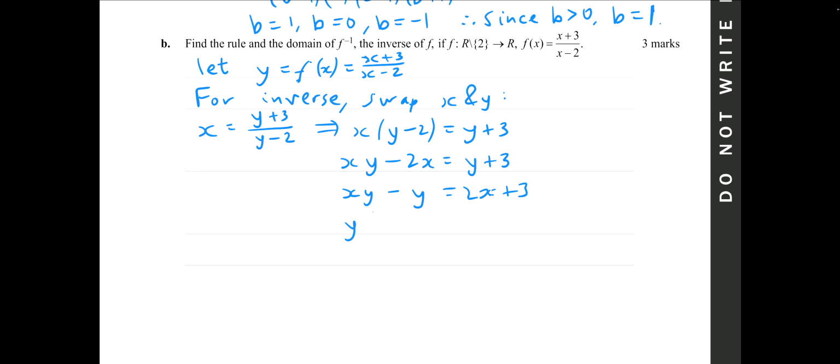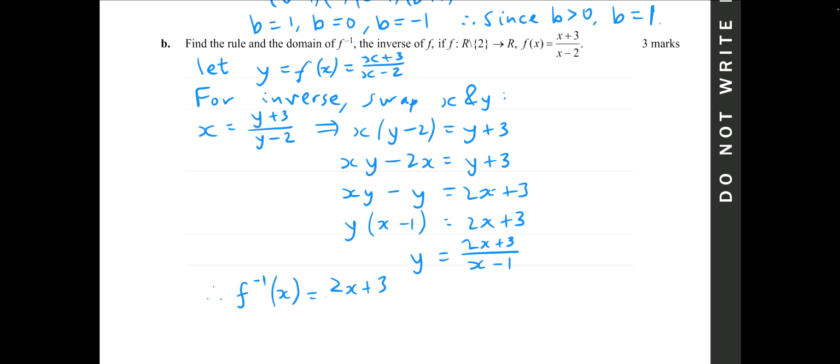Now we'll factorize out y, bracket x minus 1 equals 2x plus 3, and therefore we will have y equals (2x plus 3) over (x minus 1). So what does this lead to? Well, what we can say is, therefore, the inverse function, so f inverse of x, is equal to (2x plus 3) over (x minus 1).